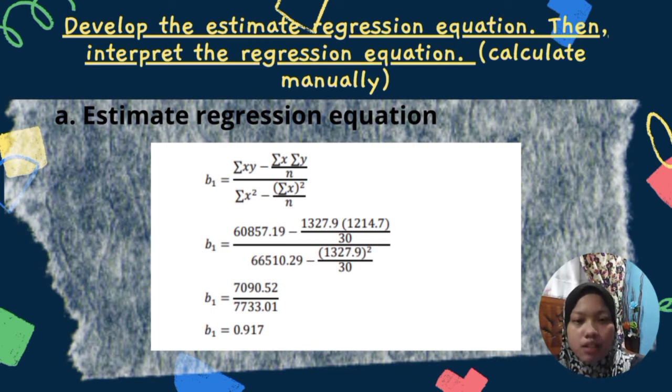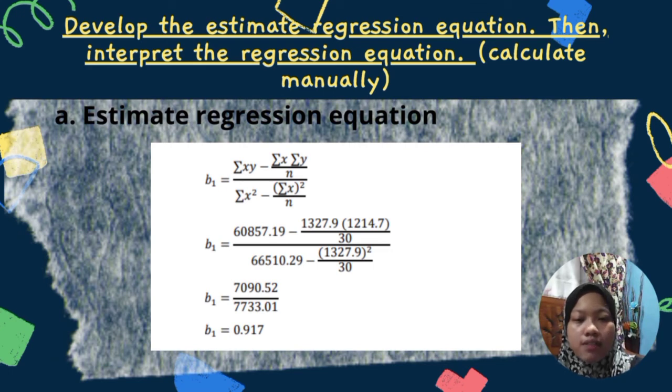For the estimated regression equation, I use this formula: 60,857.19 minus 1,327.9 multiplied by 1,214.7 divided by 30, divided by 66,510.29 minus 1,327.9 power of 2 divided by 30.